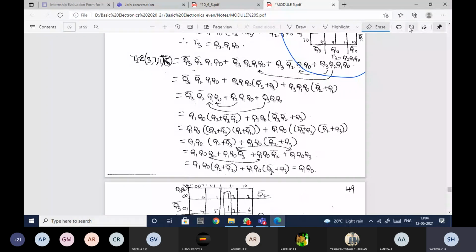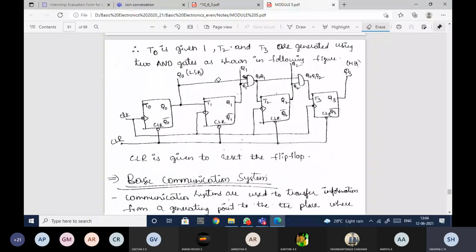Hope this is clear to all of you. So this is the final design, the design circuitry. See, Q0, Q1, Q2, Q3. To T3, I've given Q0, Q1, Q2 as inputs. To T2 I've given Q0 and Q1. To T1 I've given Q0, directly Q0 is given.